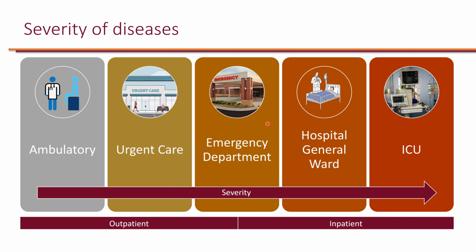Determining the severity of disease can help triage the patient to the appropriate setting in order to receive appropriate care. And in general, we can think of the settings as outpatient or inpatient.